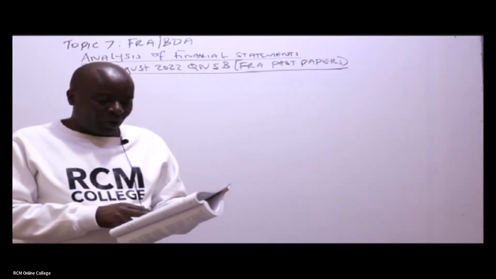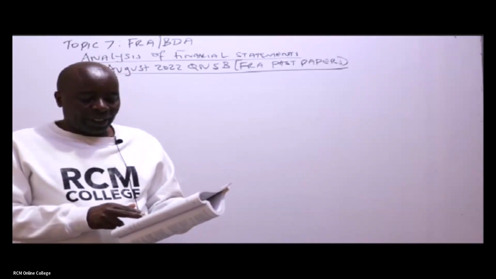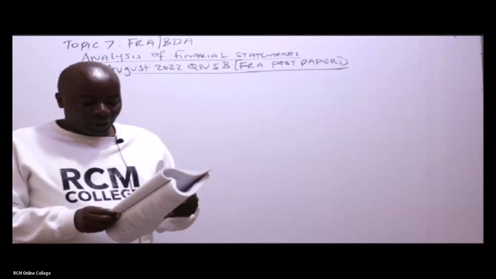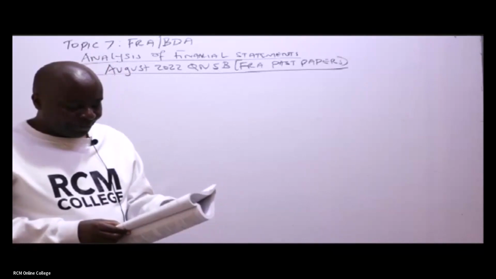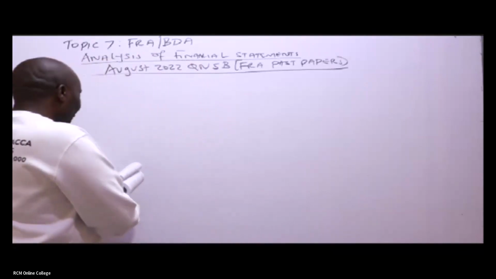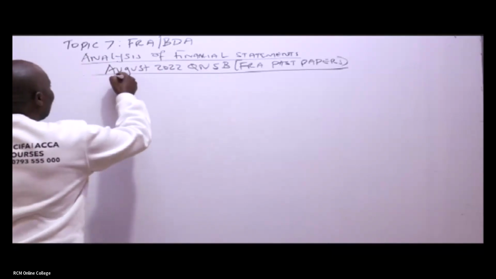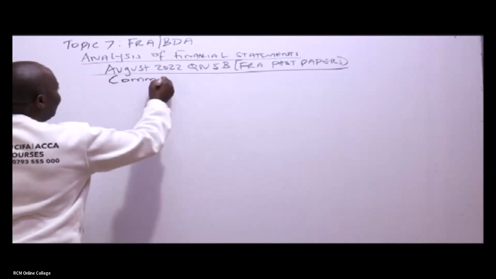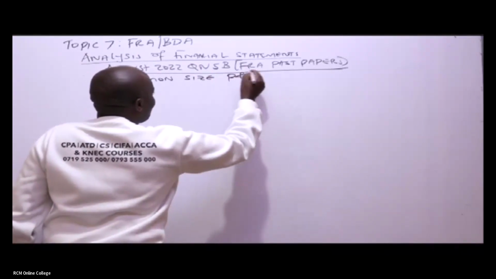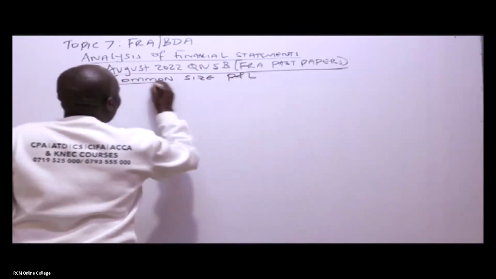They want me to give them common size statements of P and L for the two entities for the year ended 30th April 2022. All right, so we start with that first. We start with the common size P and L, profit and loss. Very easy.